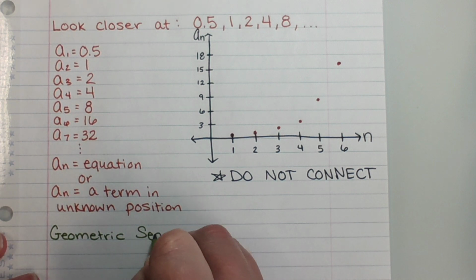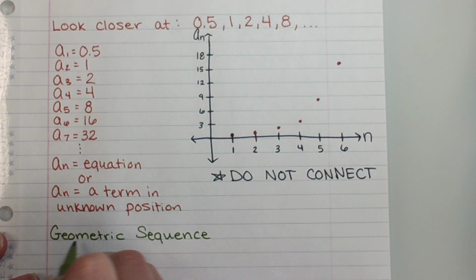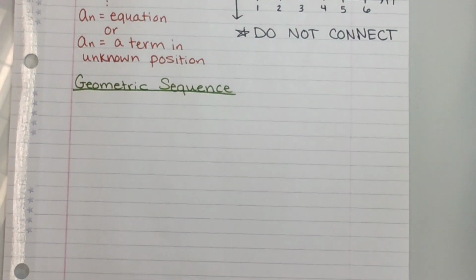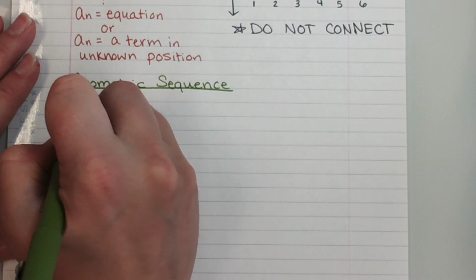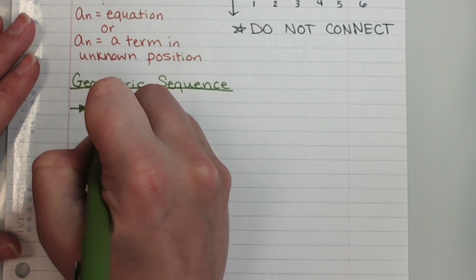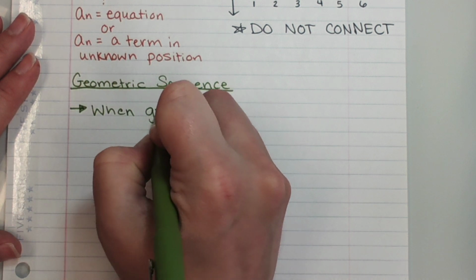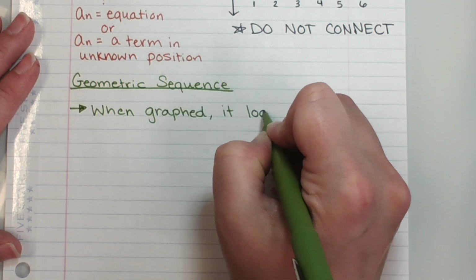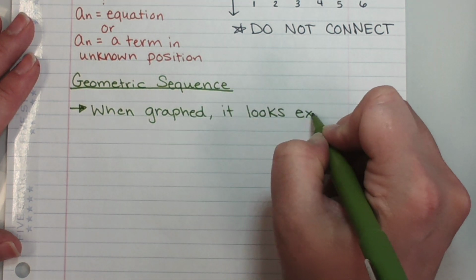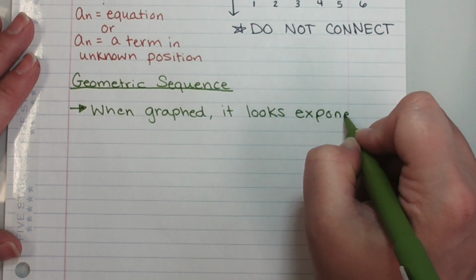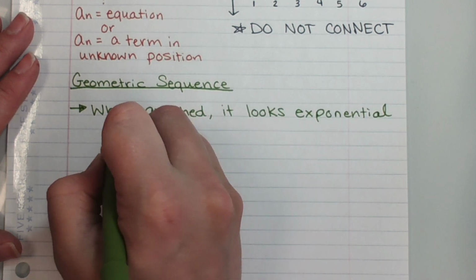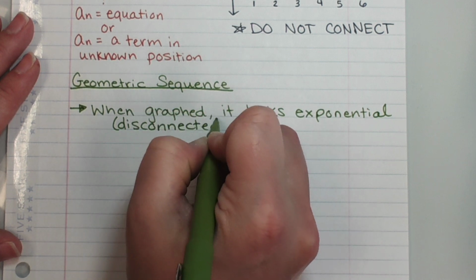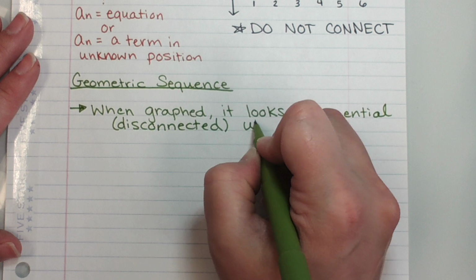This is known as a geometric sequence. When it comes to a geometric sequence, when graphed, it looks exponential, though it will be disconnected, and there's a caveat.